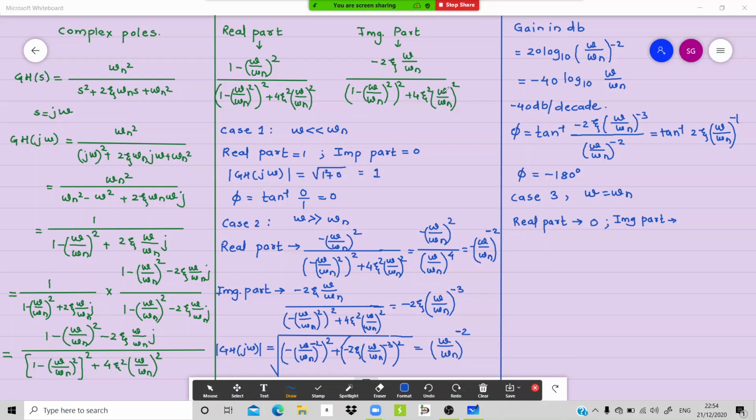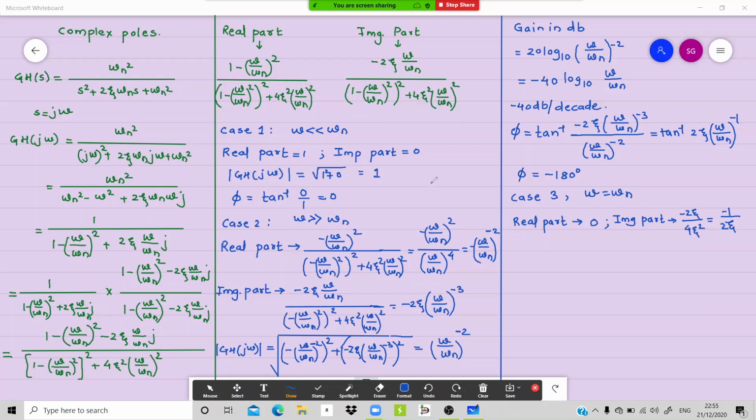This is 1, so this will become 0, and this is 1, so it will be minus 2 zeta and this square bracket. So in the denominator, one bracket will remain. Am I right? Yes. And that is 1 only, so no need to worry. So it will be just minus 2 zeta upon 4 zeta square. So it is going to be minus 1 upon, sorry, 2 zeta.